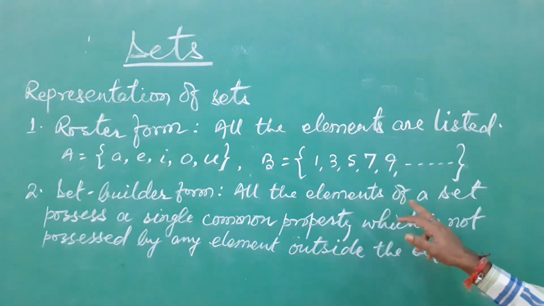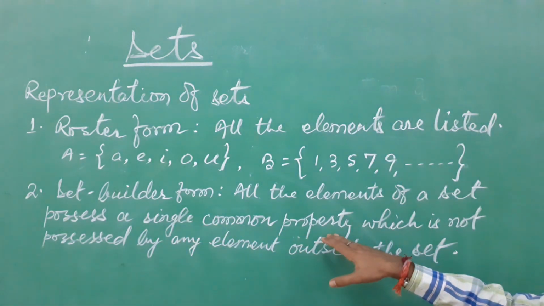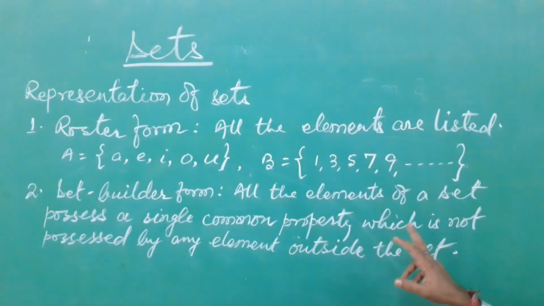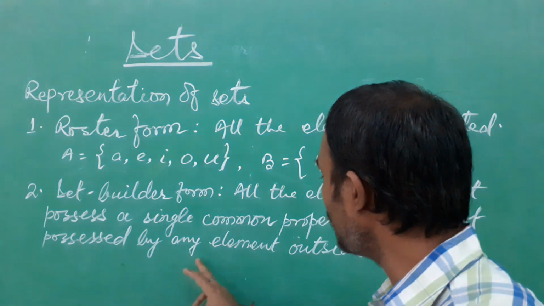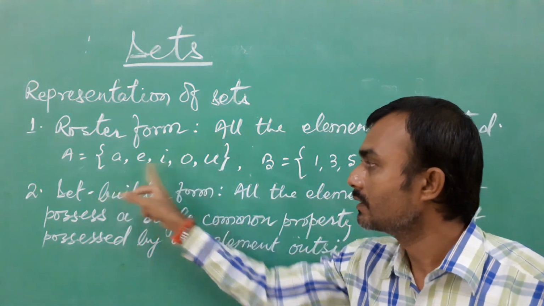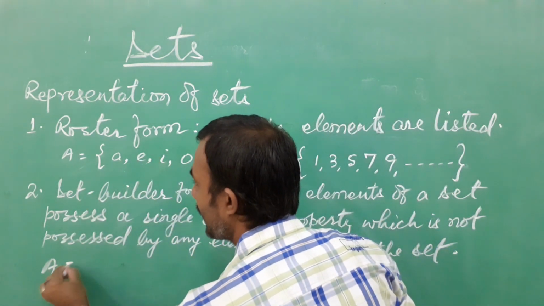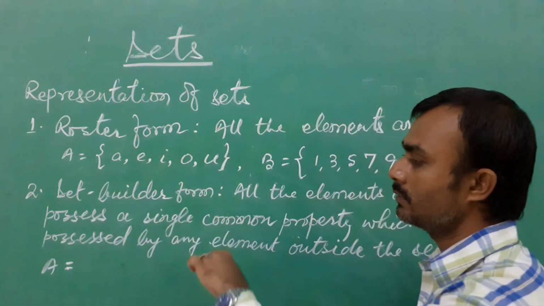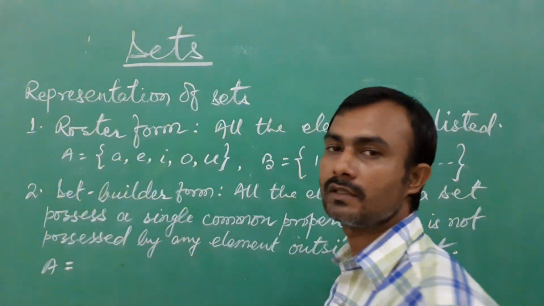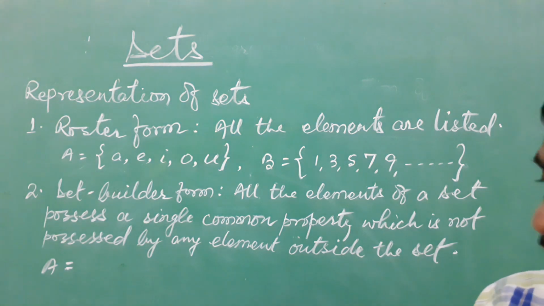All the elements of a set possess a single common property which is not possessed by any other elements. The same set can be written in set builder form as the collection of vowels in the English alphabet in statement form.